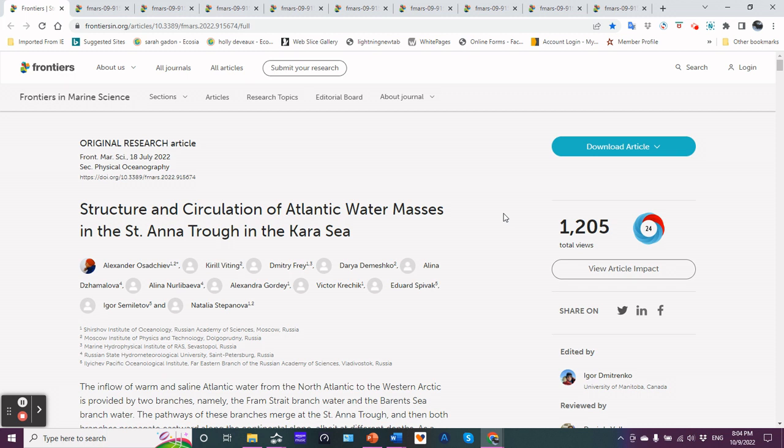And now, if you got this warm water, which keeps getting warmer, by the way, coming in through Fram, and then a part of that gets entrained in that trough there, creating that gyre, we now have a mechanism as to why the Barents is becoming ice-free nearly the entire year, and the Kara not too far behind it. And that at the same time will explain why the Laptev Sea, as far as it becoming Atlantified, is being delayed a little bit.